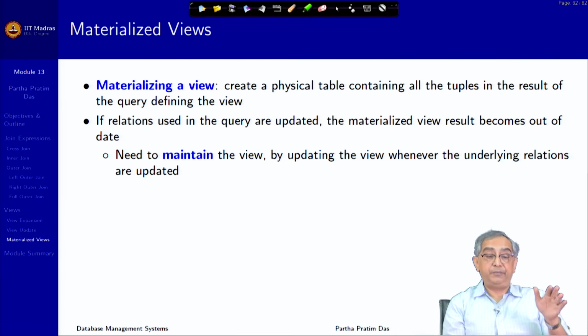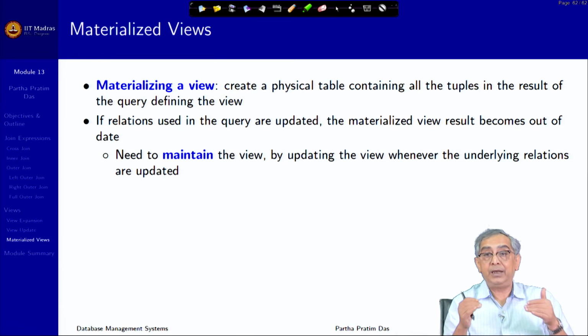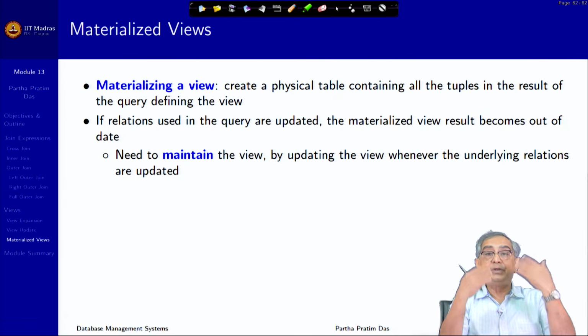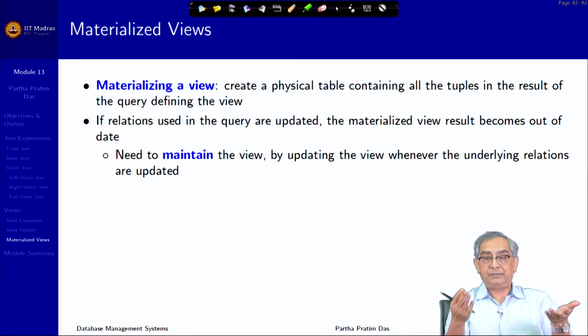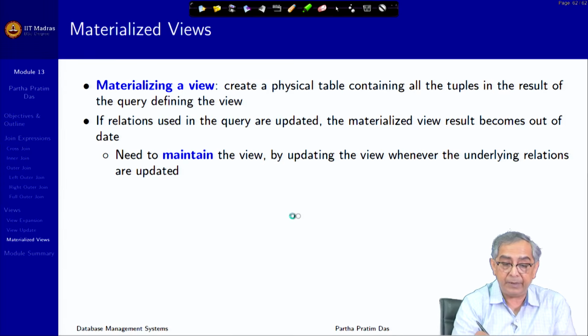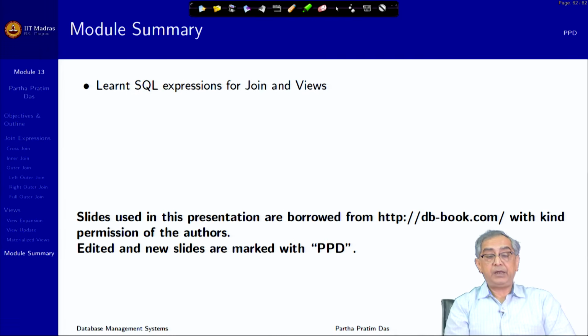But if you do that, if you materialize, make it a physical table, then naturally it will become inconsistent with the future versions of the view, right? Because the view will keep on changing, so it will need an update if you have materialized a view. Okay, so we have learnt about join expressions and views in SQL today at the intermediate level.